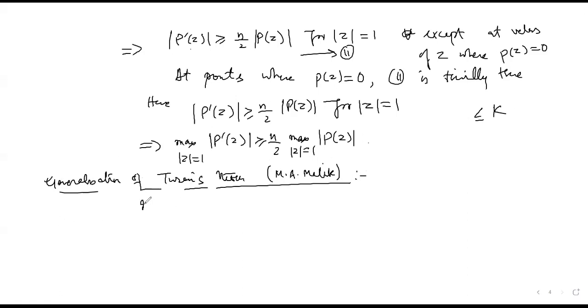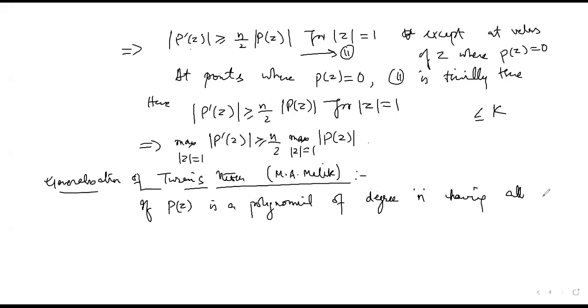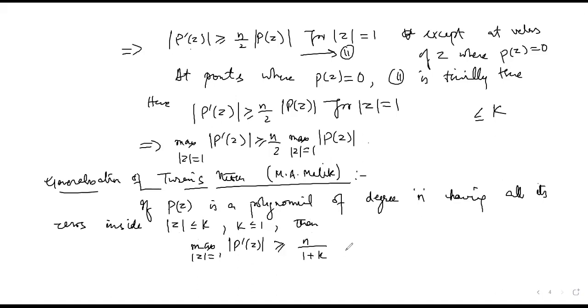So ये statement जैसे कि मैंने कहा था क्या होगा इसमें, if p(z) is a polynomial of degree n, having all its zeros in the closed disk of radius k, inside |z| less than or equal to k, of course k has to be less than or equal to 1, then maximum over |z| = 1 of |p'(z)| is greater than or equal to n/(1+k) times maximum over |z| = 1 of |p(z)|.